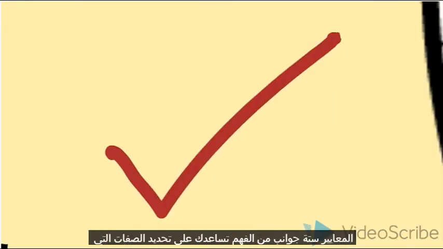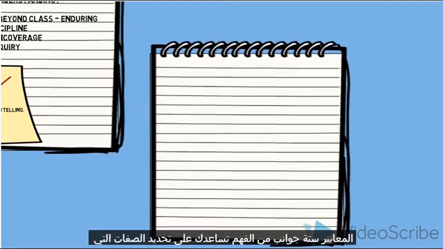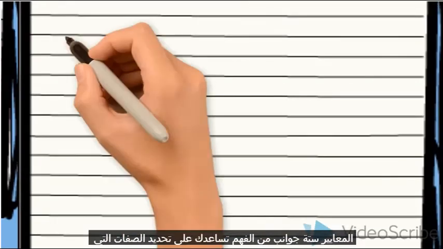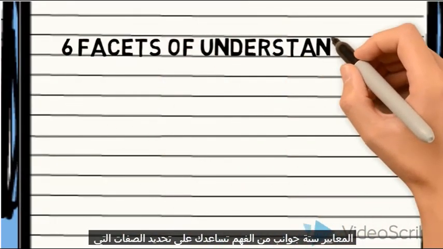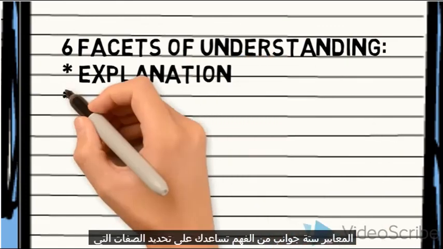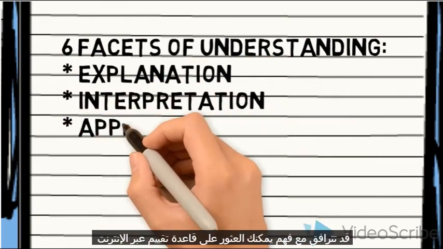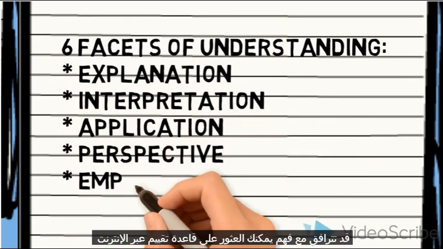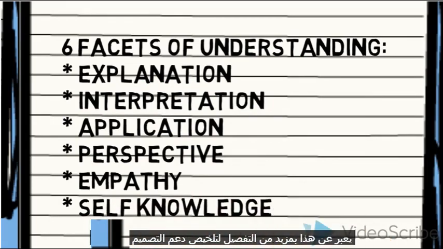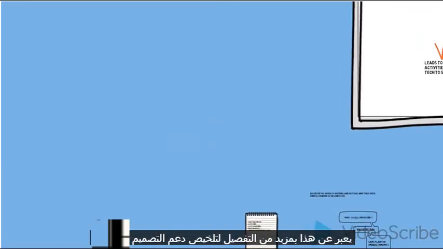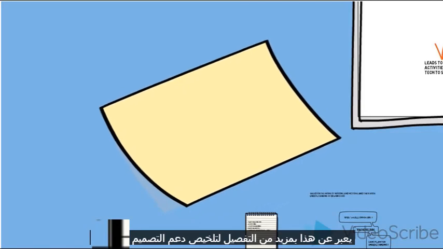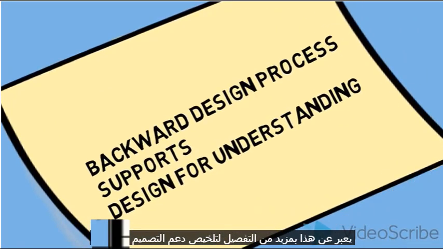I think it meets the criteria. 6 facets of understanding help you to define the qualities that might be associated with understanding. You can find a rubric online that expresses this in more detail. So to sum up, backward design supports understanding.